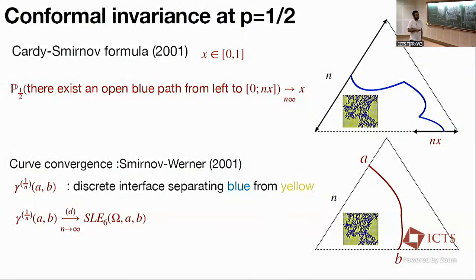Similarly to the convergence of the SLE tree that I mentioned before, actually this was done 10 years before that: the interfaces between blue and yellow converge to SLE6. That's one of the rare models where you can really make such a statement. If you try to prove such a statement on the square lattice, up to now there's no proof. So it's very specific to triangular lattice site percolation.